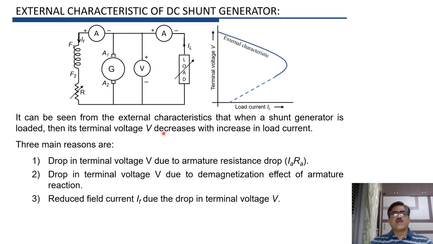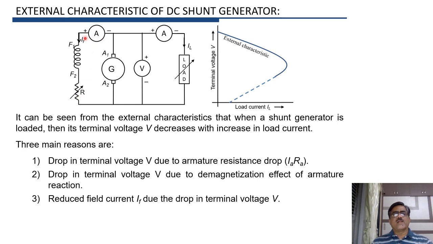And the third reason for the reduction of V is that, in this case, the field current IF depends on V. So if there is reduction in terminal voltage V, there is reduction in field current.